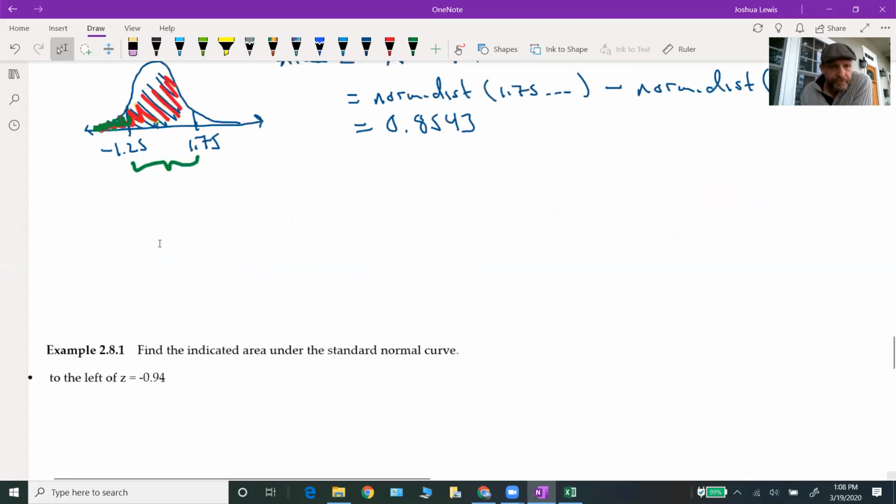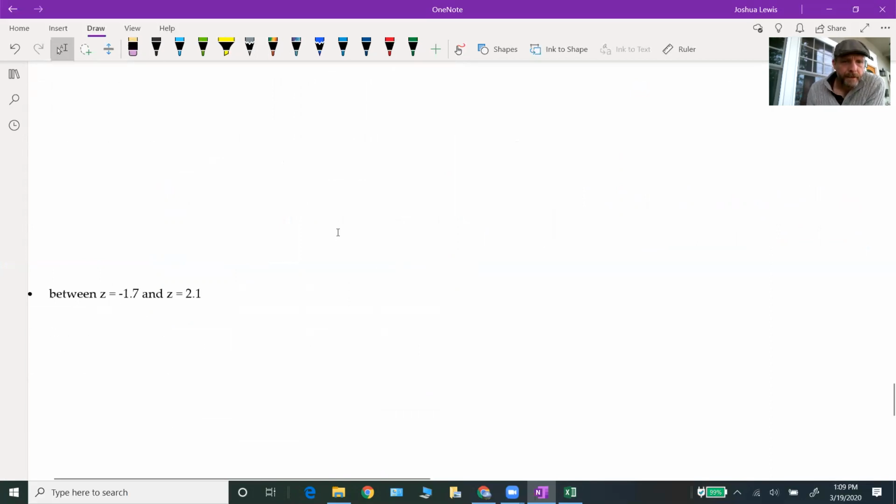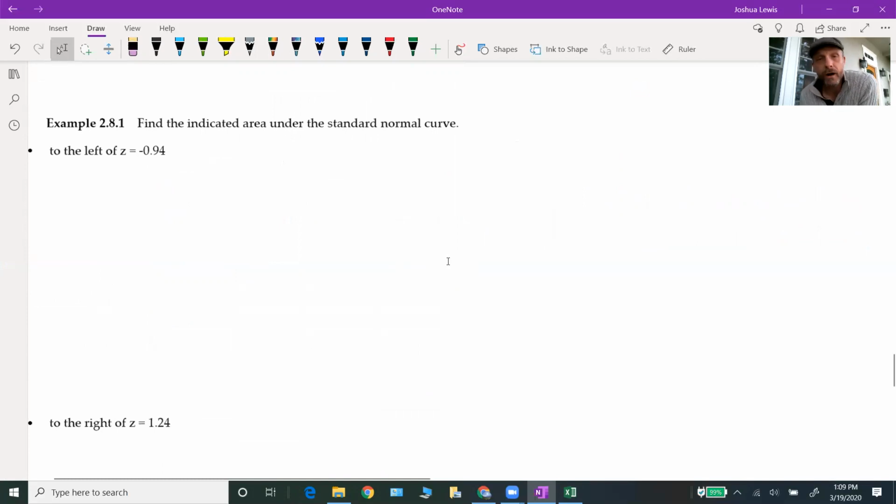All right. And let's just go ahead and try some more here. There are these next three examples, and at this point, I would encourage you to pause and work through this example 2.8.1.